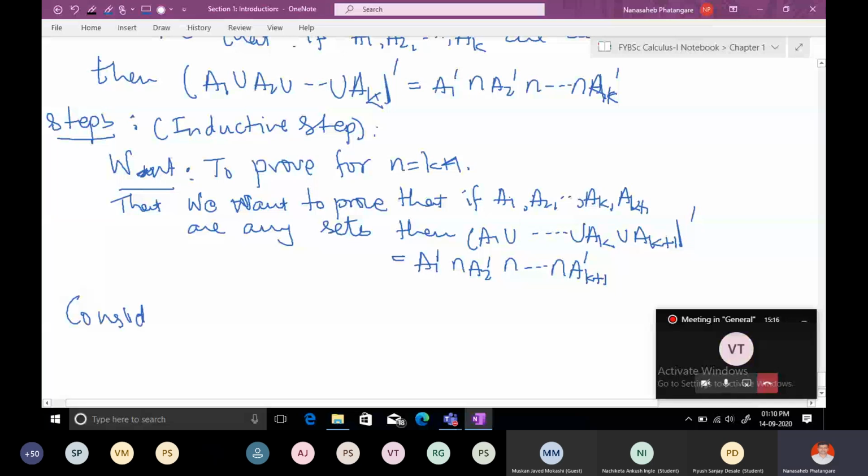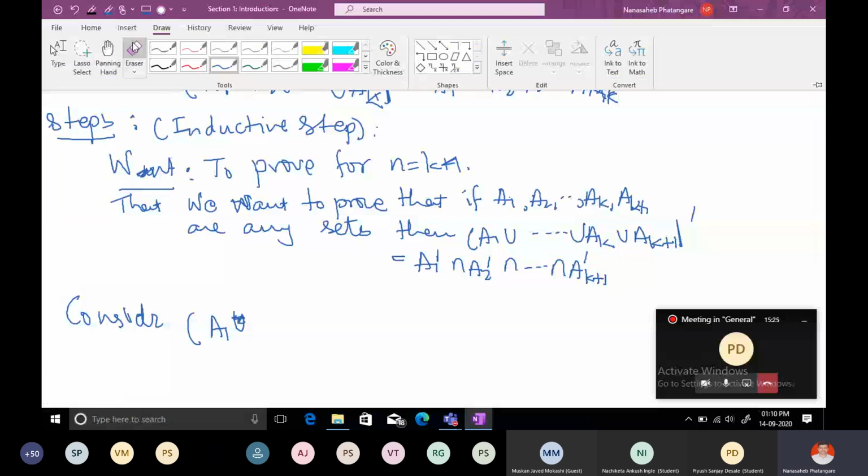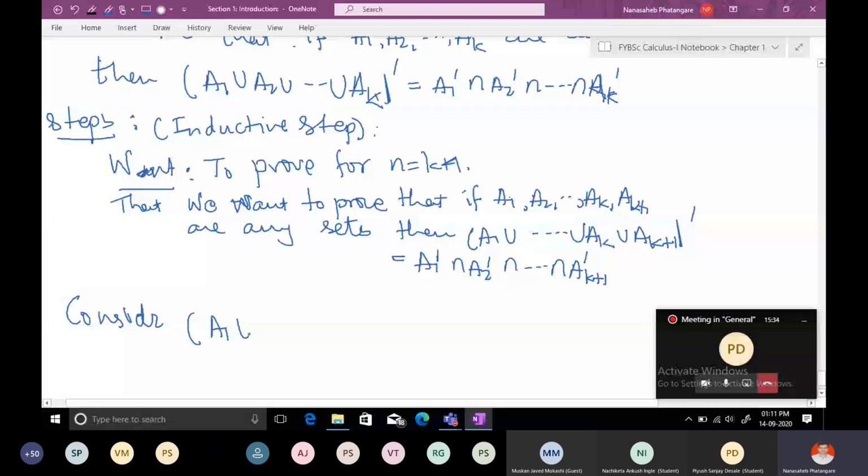Now consider the union of these k plus 1 sets: a1 union a2 union ak union ak plus 1, and its complement, that is what I want to calculate now.